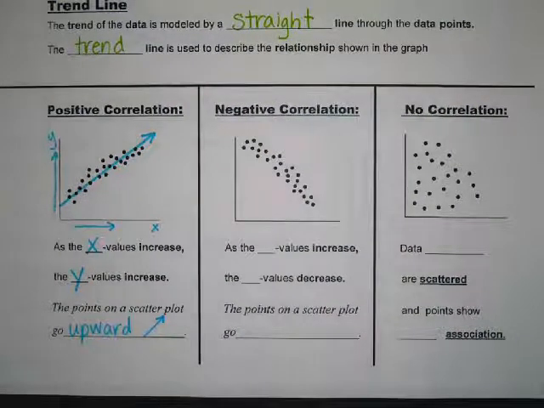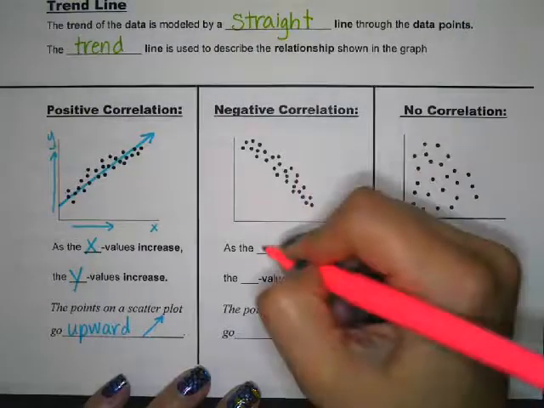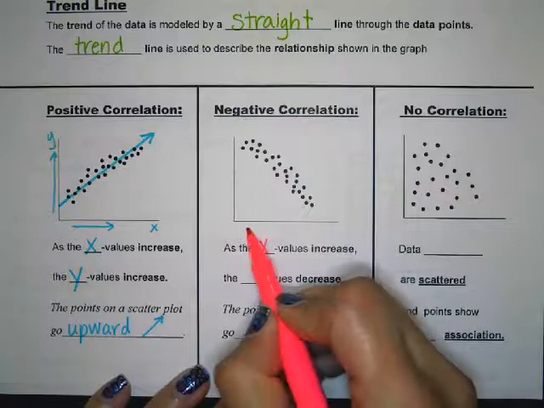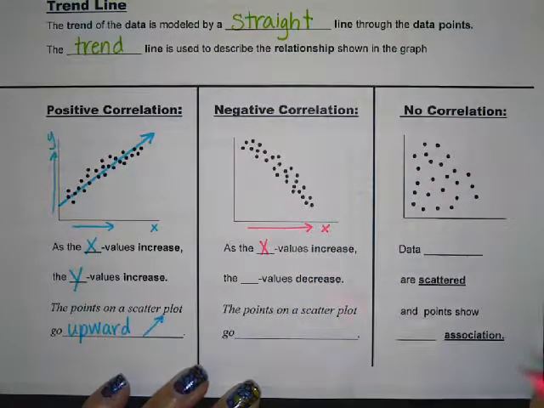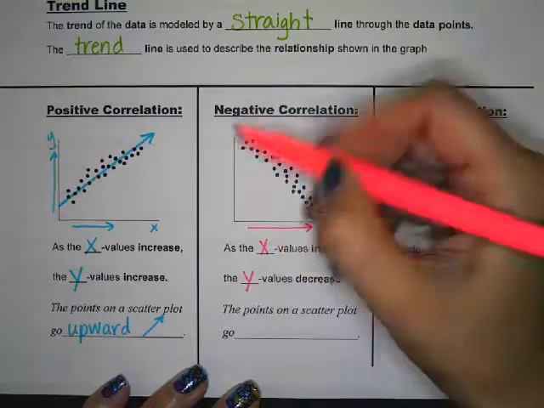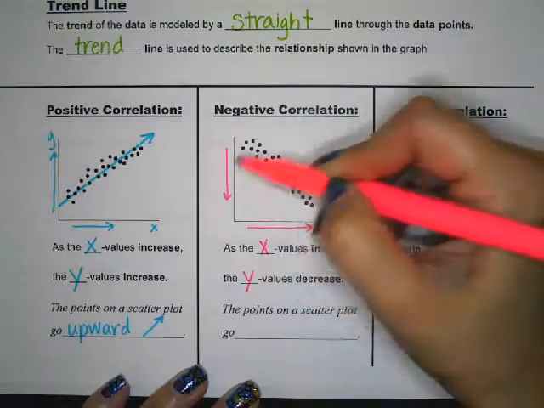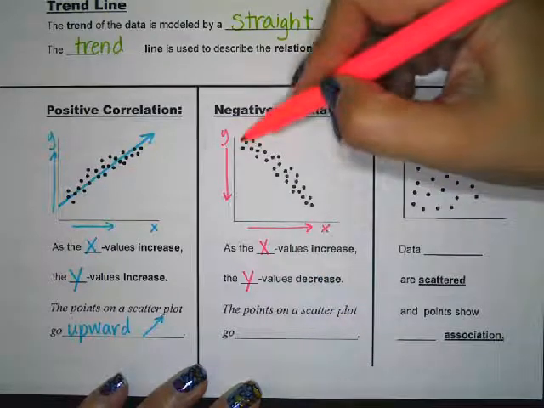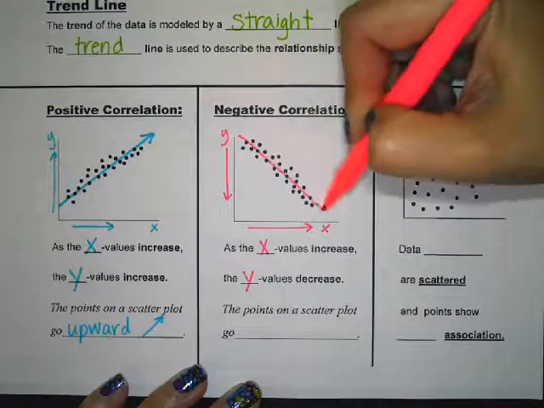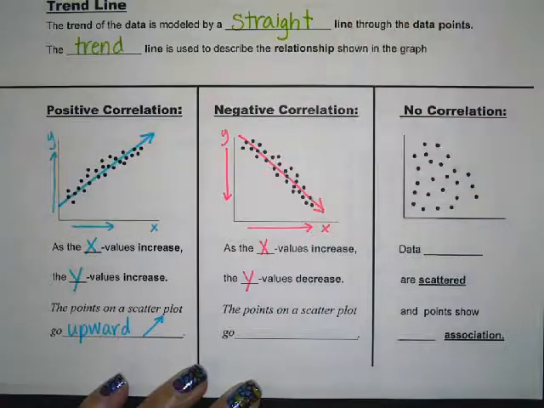The negative correlation is going to look similar. As the x values increase, going this way, the y values are actually going to decrease and get smaller. So we have a trend line that is negative in this case.